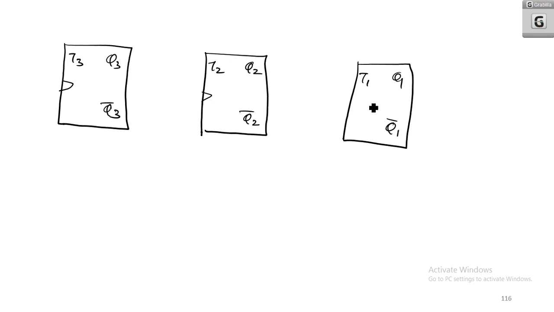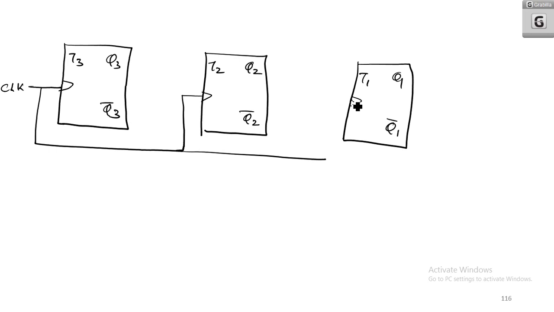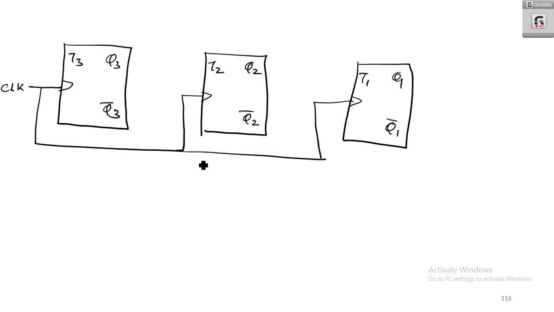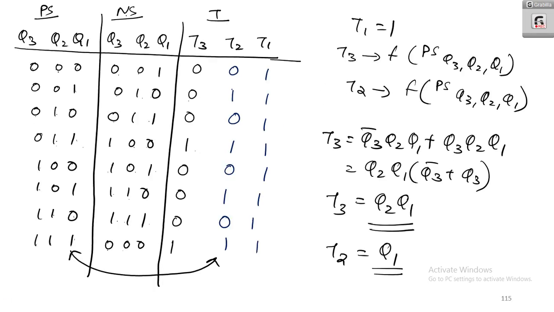Clock is common, so I can give it like this. Now, what is T1? T1 is equal to 1, so I am giving 1 here. No problem. Now what is T3?